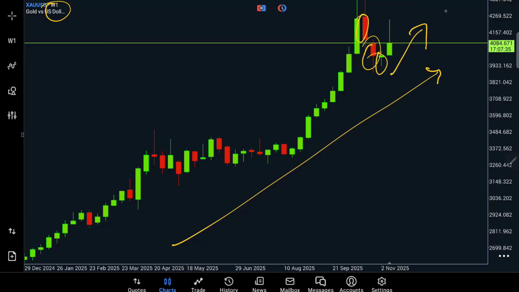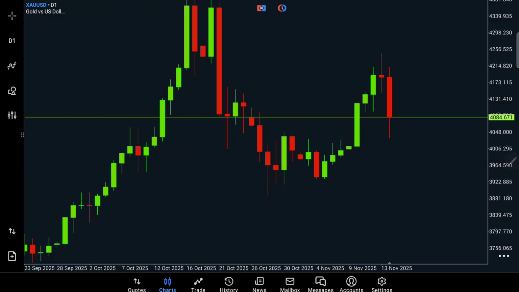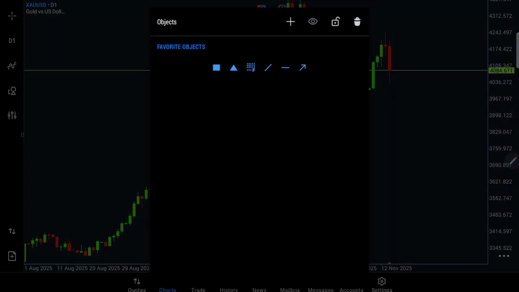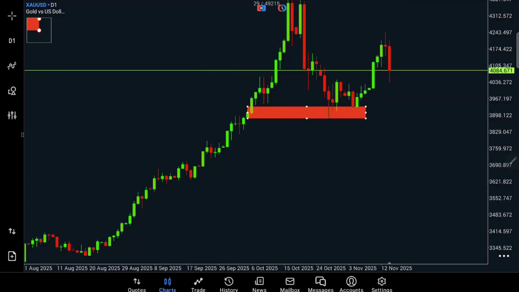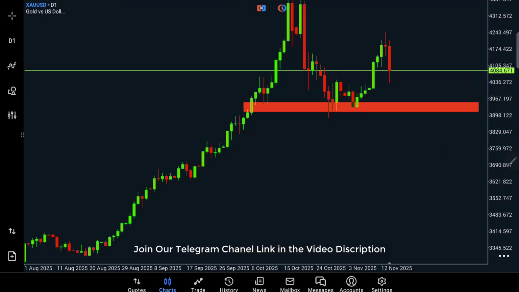If I go back to the H4 to find our daily time frame and our market path or direction, as you can see in the daily time frame there is a rejection from the candle side. The market moved bearish for 2 weeks and touched this zone 2 times, and it's just trying to go up.